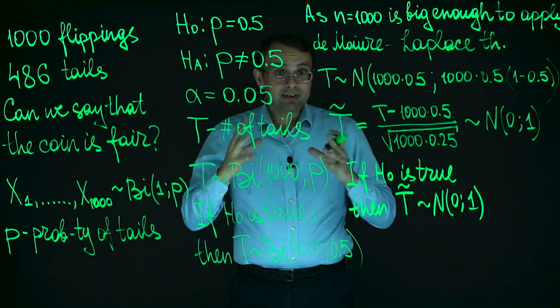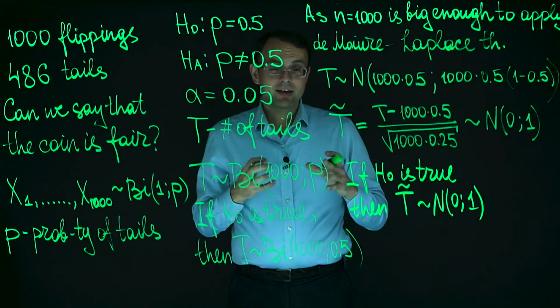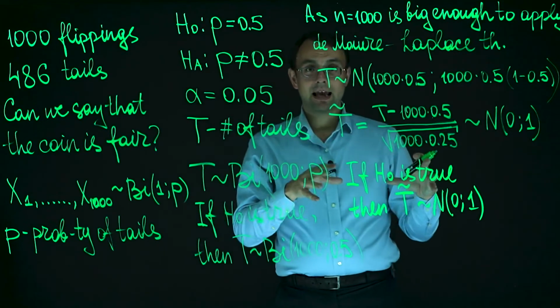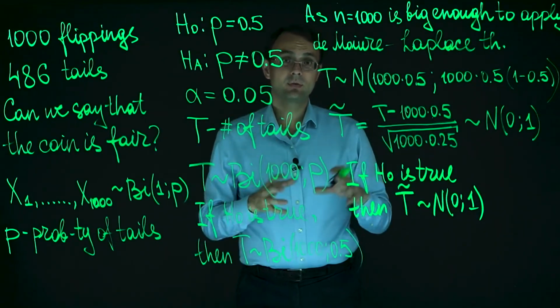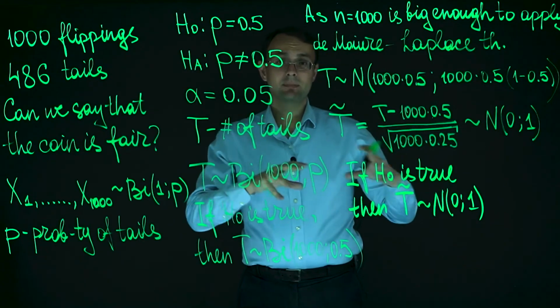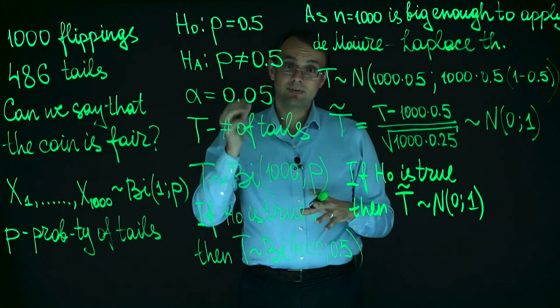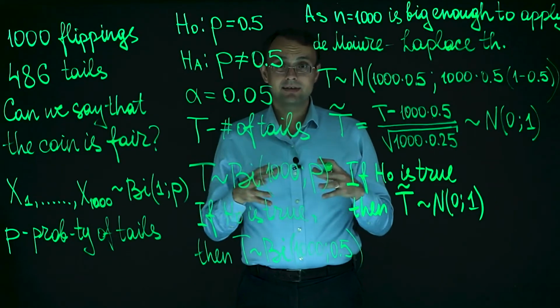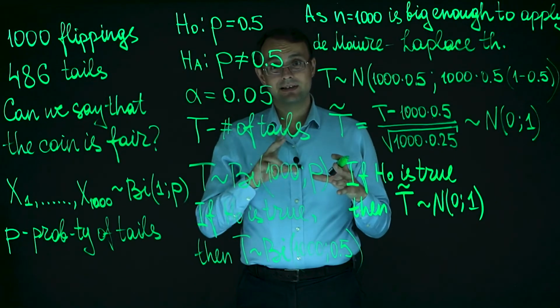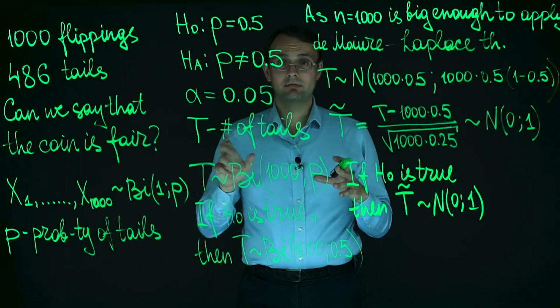So in this case, both big positive values and big negative values of T tilde are in favor of the alternative hypothesis. And so this determines the tail of the critical region.